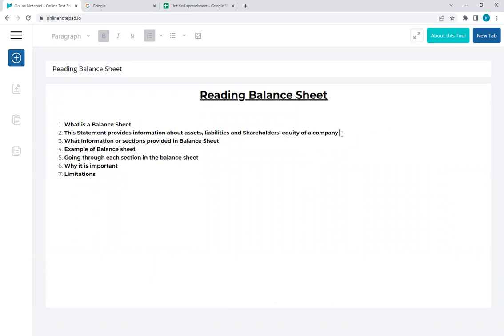And the most important point here is that the information we get from the balance sheet is a snapshot.